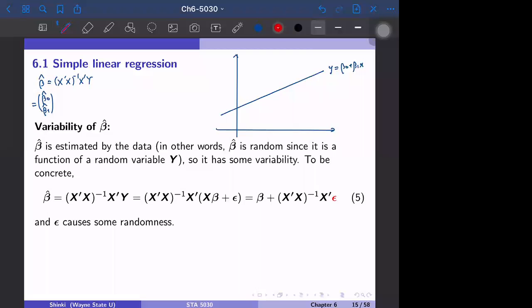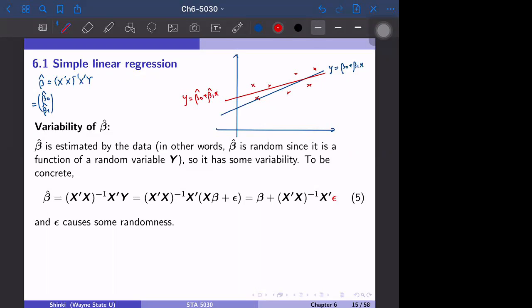Then we observe several data points like this, and we estimate a line from these points. So probably the line is around here. So it's not exactly the same as y equals beta naught plus beta 1 x, but this is y equals beta naught hat plus beta 1 hat x.